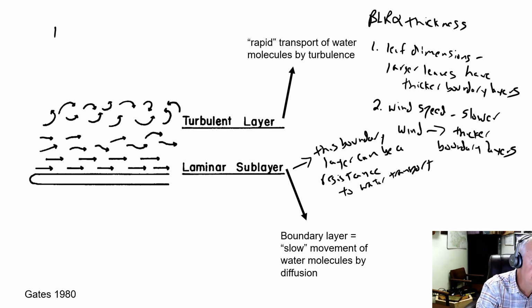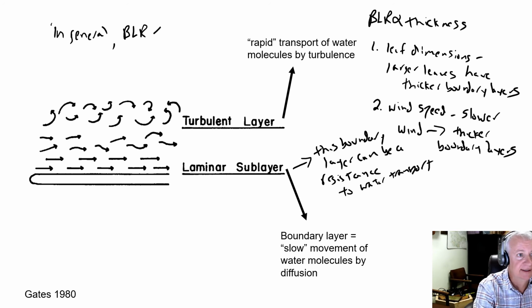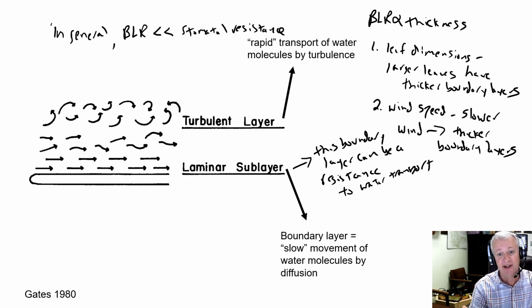In general, boundary layer resistance is much less than stomatal resistance. So for most leaves in most situations, this boundary layer resistance is a lot smaller than stomatal resistance, which means it's not an important impediment to water loss.